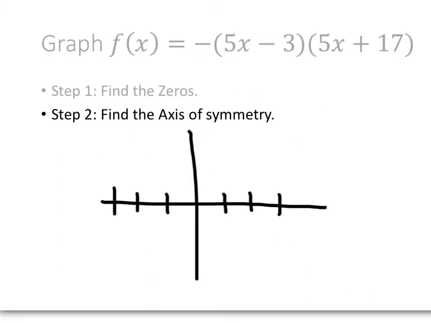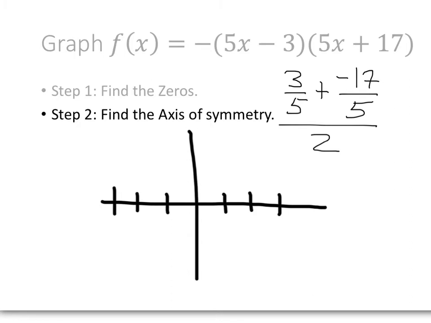Next, we're going to find the axis of symmetry. I can either do this with my formula by adding up 3/5 and negative 17/5 and then dividing by 2, which gives me an axis of symmetry at x equals negative 7/5.